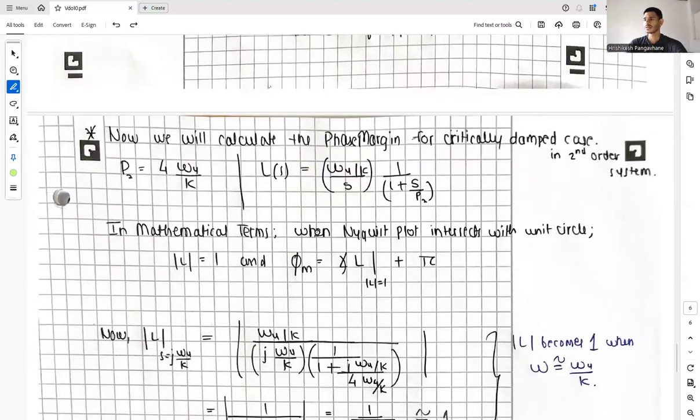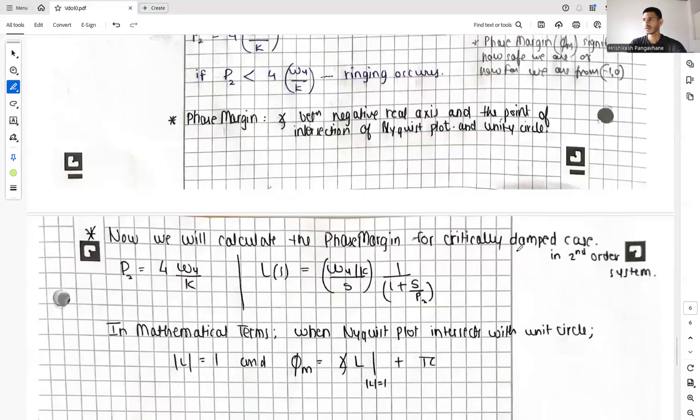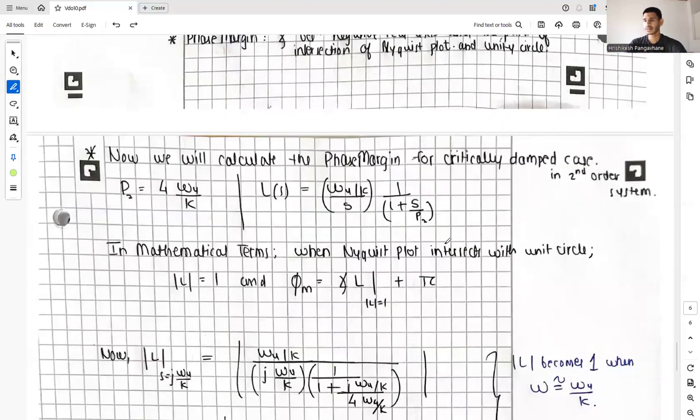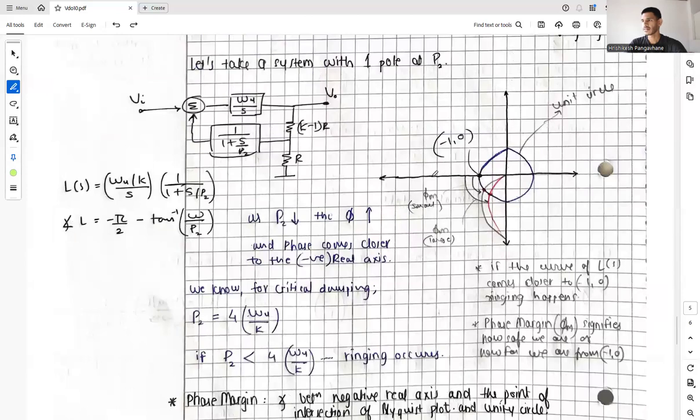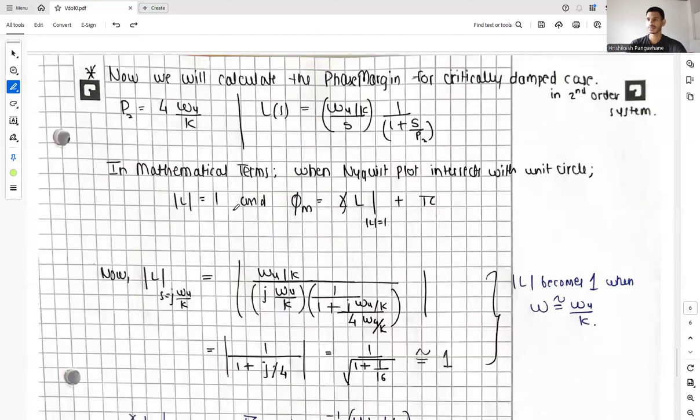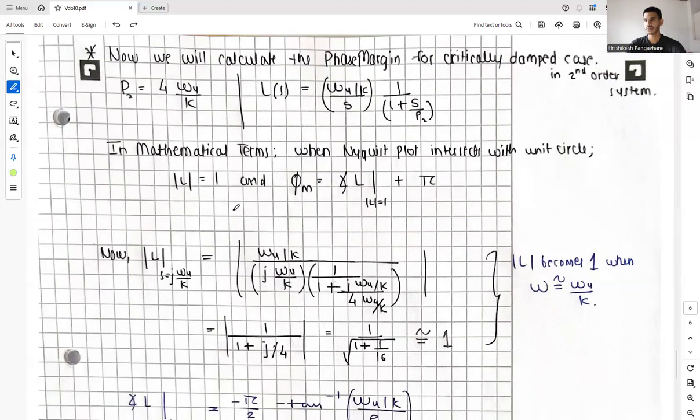So in mathematical terms, when the Nyquist plot intersects with the unit circle, somewhere at this point, the magnitude of loop gain becomes 1, and phase margin is nothing but the phase of loop gain at which the magnitude of loop gain is 1, plus π, because it is calculated from the negative real axis. So this mathematically shows how the Nyquist plot intersection with the unit circle looks.